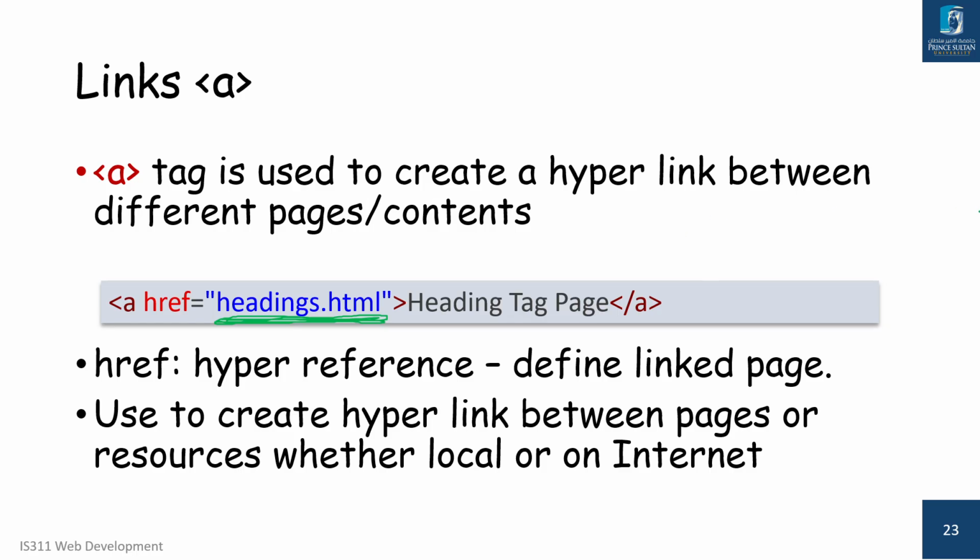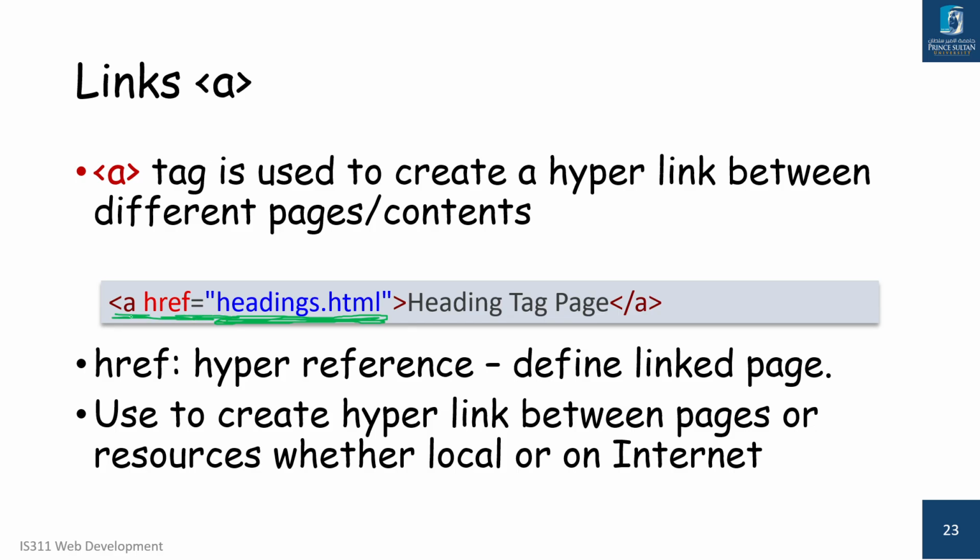I think that in the practical part I can show you that, so this will be much more clear. So here we are giving the location or the address of that file, which is relative to the current position of the current file inside the folder. So the hyper reference href property must be set for the a tag.